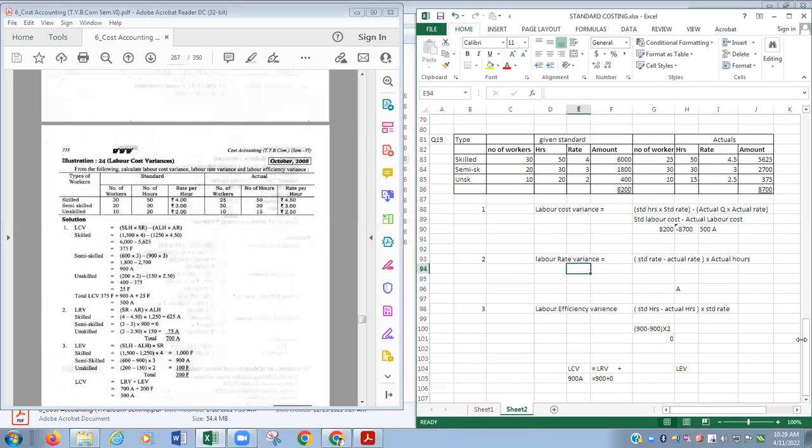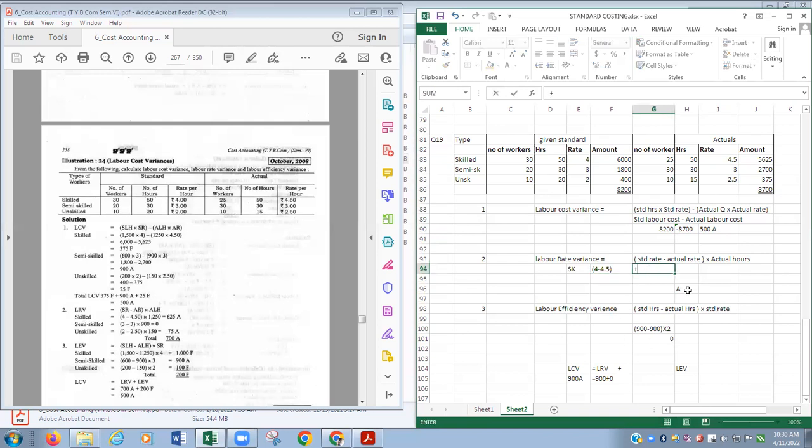Okay, so first one for skilled labor. Formula is standard rate minus actual rate. Standard rate for skilled is 4 minus actual rate is 4.5 into actual hours. Actual hours were 25 into 50. Should I make one more column or not required?